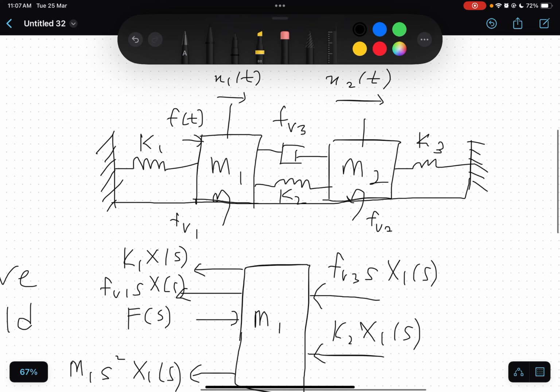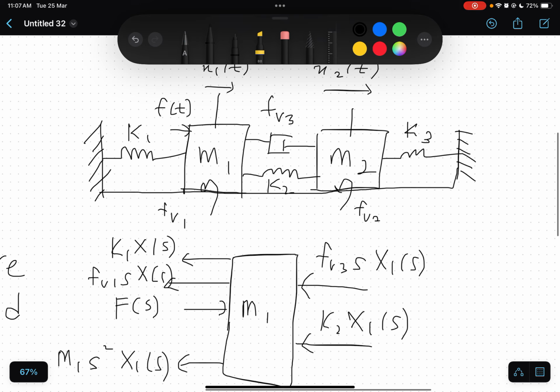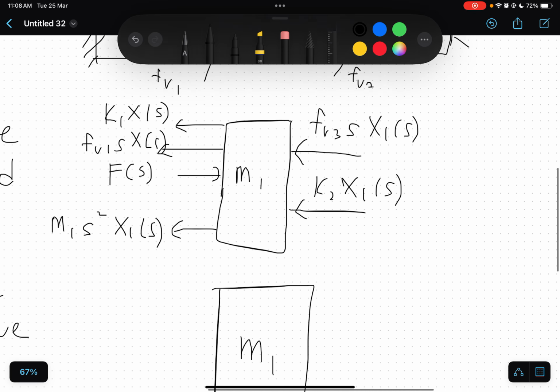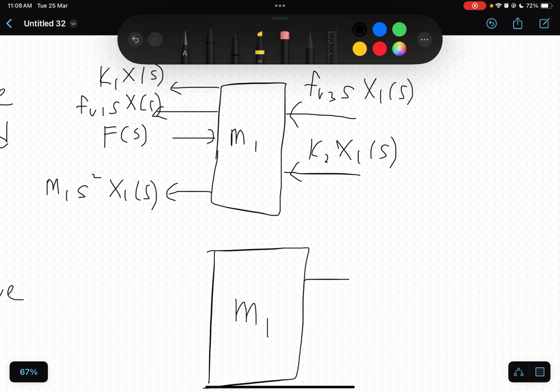So looking back upstairs here, when you move M2 to the right, the immediate movement is caused by the viscous damper, FV3, and the spring of K2. Okay, so that is what will affect the motion of M1.